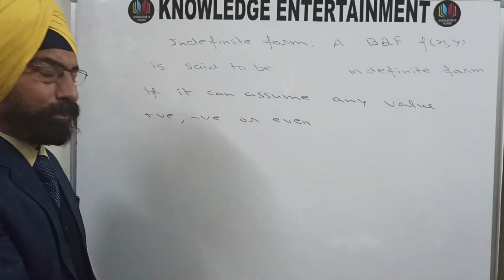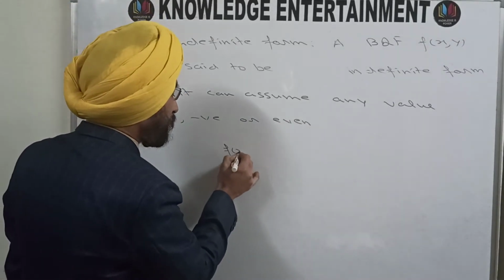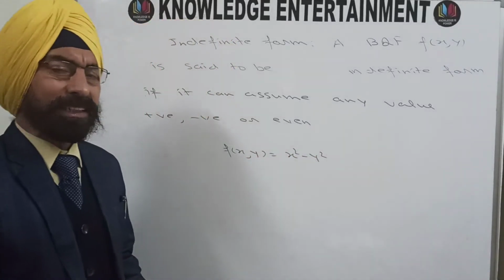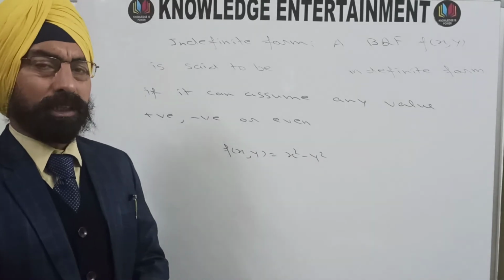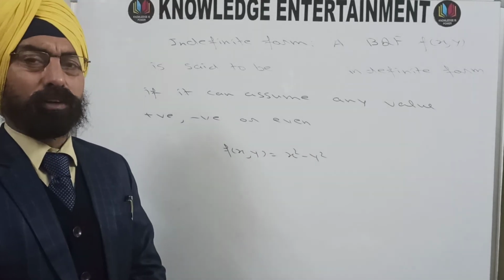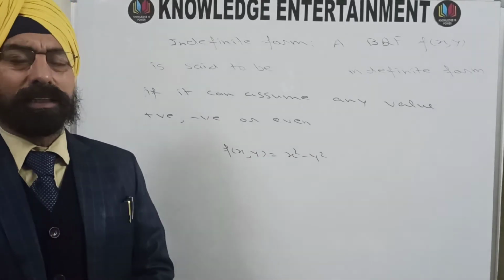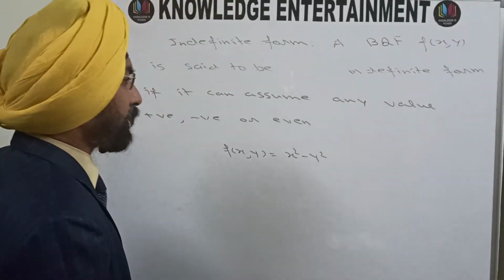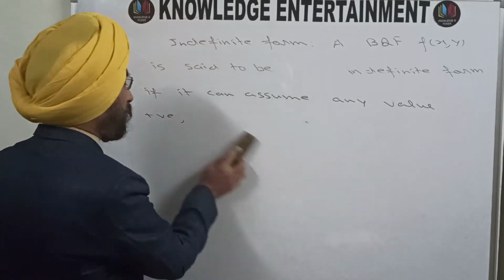So the same example which I gave previously, f(x,y) = x² − y². Here if x is greater than y, the value will be positive. If y is greater than x, the value will be negative. And if x is equal to y, the value will be 0. So this binary quadratic form is an example of indefinite form.